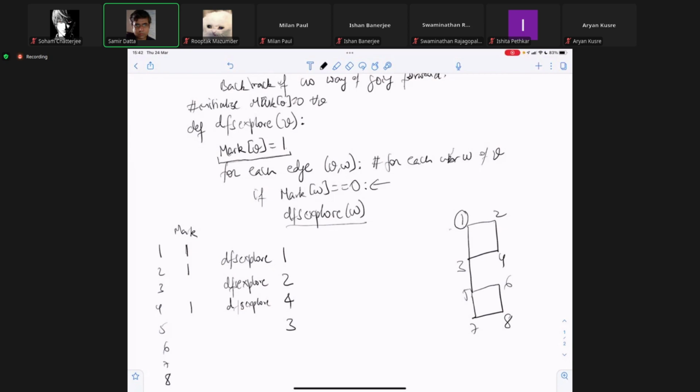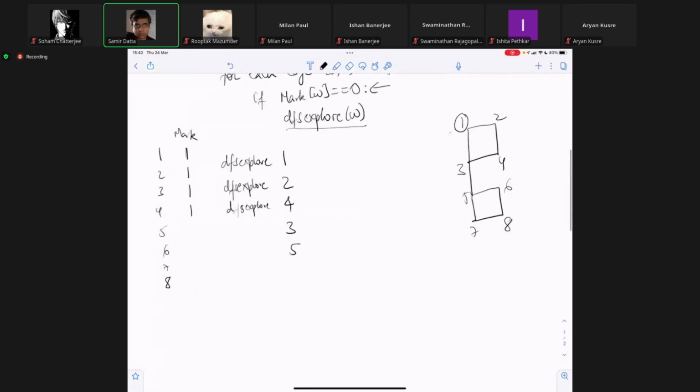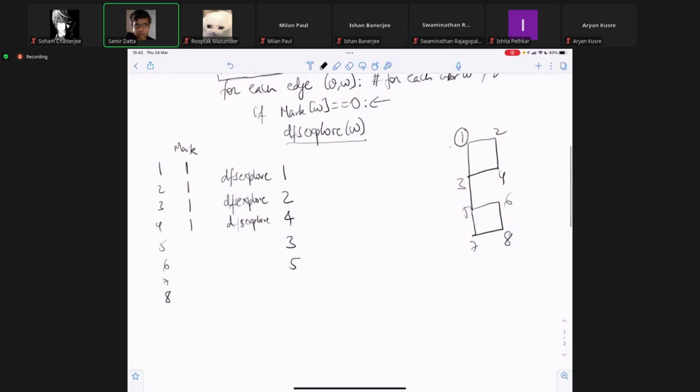Then you would call it with 3. So 3 is marked, and so on. So 1, 2, 4, 3, and then you would visit 5. Then you would visit 1 or 6 or 7. So let's say 7, and then 8, and then 6. So is the procedure clear?